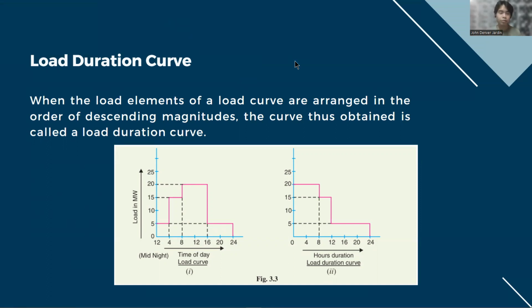Load duration curve. When the load elements of a load curve are arranged in the order of descending magnitudes, the curve thus obtained is called the load duration curve.